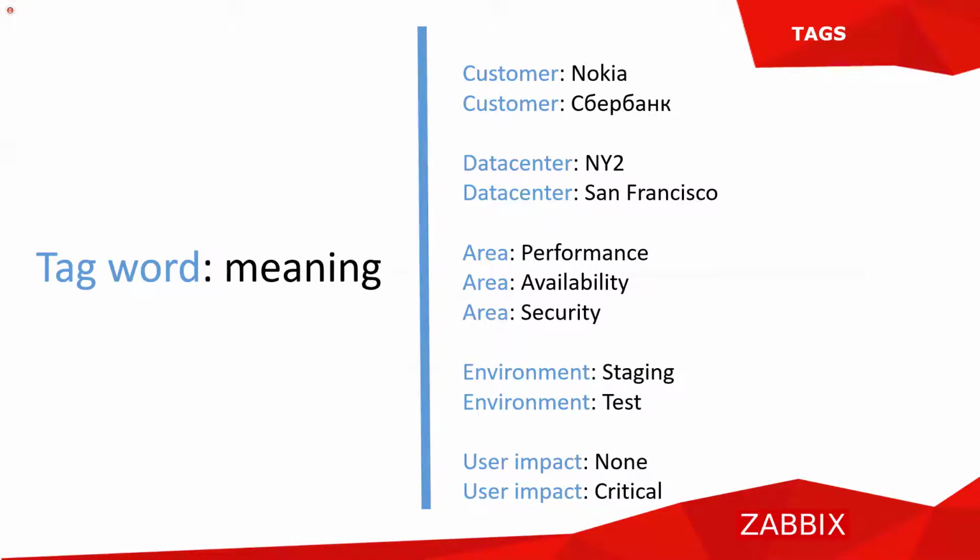In 5.0, tags are basically everywhere: on the host level, on the template level, but specifically for the triggers themselves and so on. So you can create tag words and provide them with specific meanings to make the description of the problem much more understandable in terms of, for example, where the device is located, what specifically is affected, the performance, the availability, or the security.